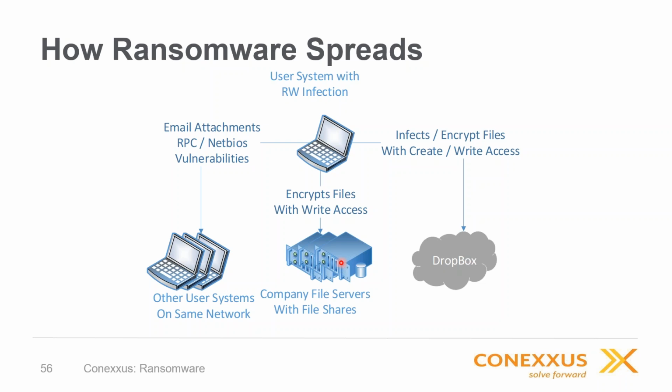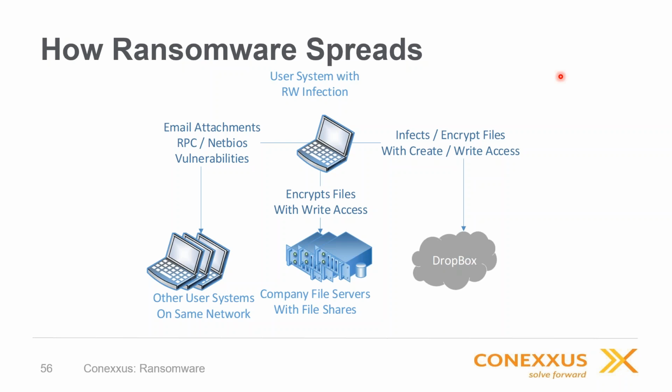And something that a lot of people don't realize today is things like Dropbox and other cloud-based or shared server arrangements. Not that Dropbox is bad, but with any of them that allow direct file access, for instance through synchronized copies of Dropbox files in folders on a system, if they can be reached by the ransomware with the accounts available to it, it can not only encrypt the files, meaning encrypting them for everybody because it's going to synchronize that encrypted file back out to Dropbox, it's also going to inject its exploit code or transfer code into the files, and then when the next user opens that on their system, they'll be infected.